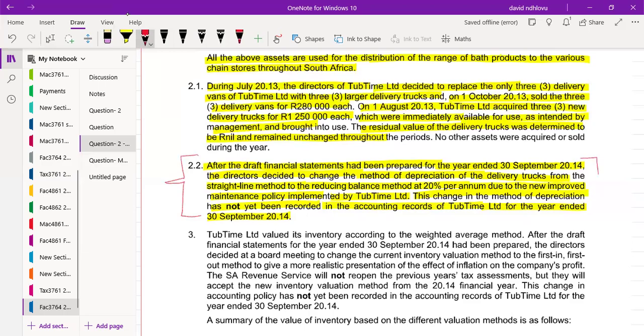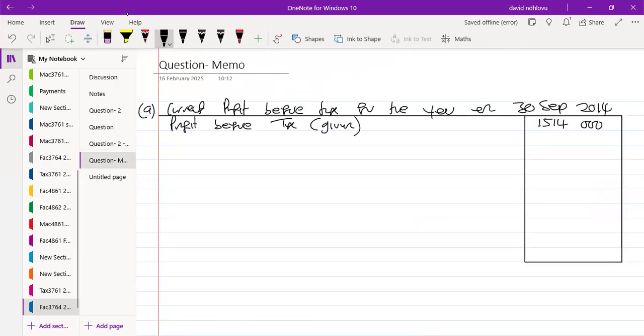Remember, this is a change that affects depreciation. We are saying if we implement this, then the depreciation amount for the current year should be changed accordingly. So in our answer here, we are going to deal with a change in accounting estimate. So accounting estimate is a change in depreciation.